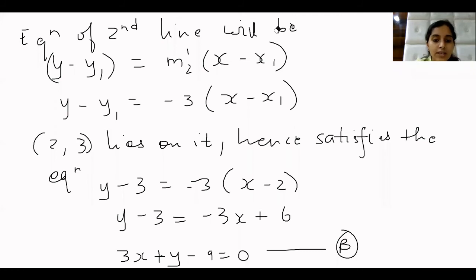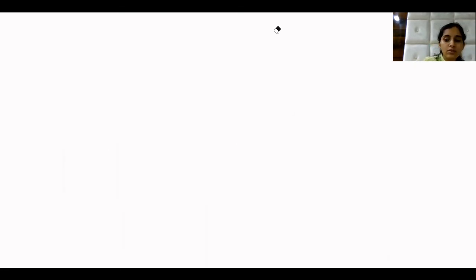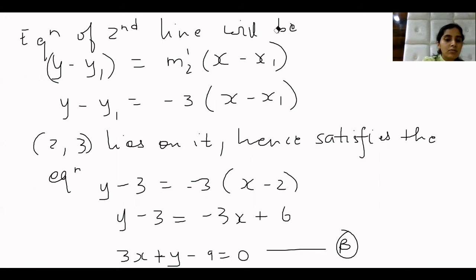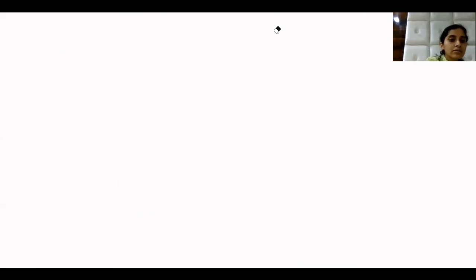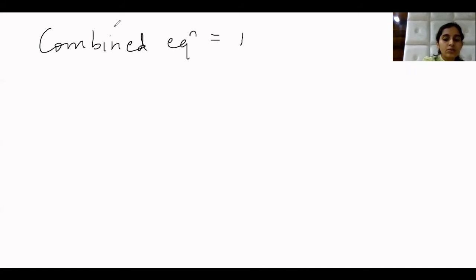Okay, so our second equation will be 3x plus y minus 9 equal to 0. Now let us multiply the two equations. So we'll have the combined equation as A multiplied by B. Okay, what is A?